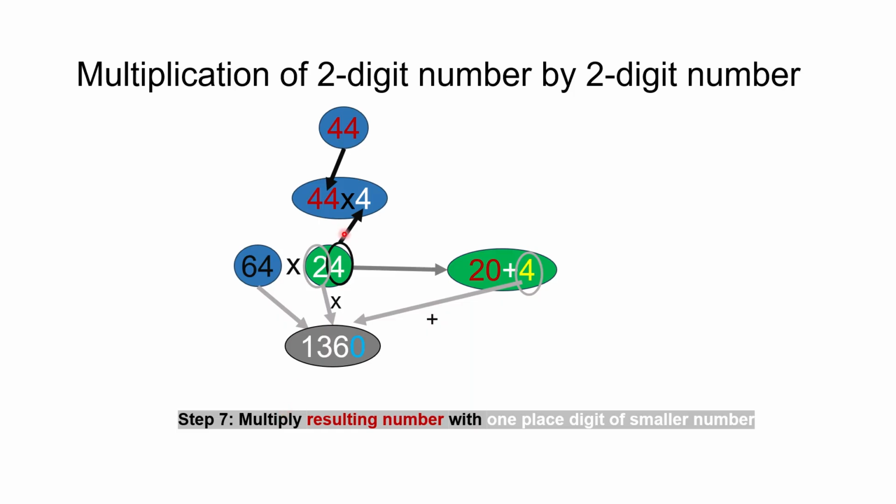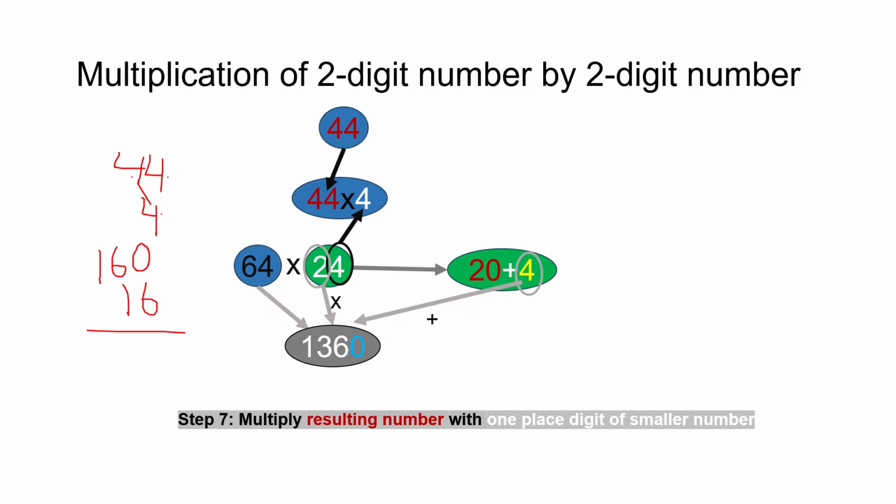For this multiplication also we can use the expansion method we have learned previously. So for multiplication of 44 with 4, we first multiply 4 with 4 to get 16 and we have to add 0 at the end. Then we again multiply the 4 with 4 to get 16.